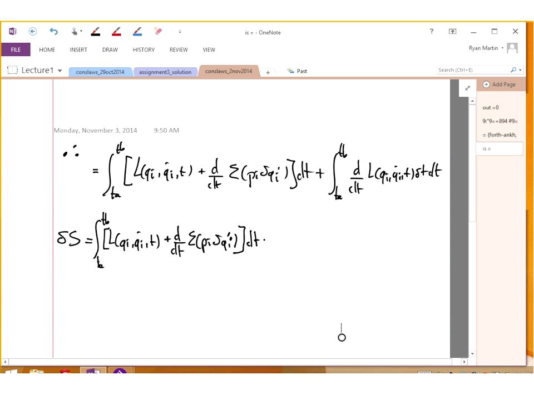Still having some problems with my tablet here. Plus the integral from t_a to t_b of d/dt of L at q_i, q_i dot, t delta t.